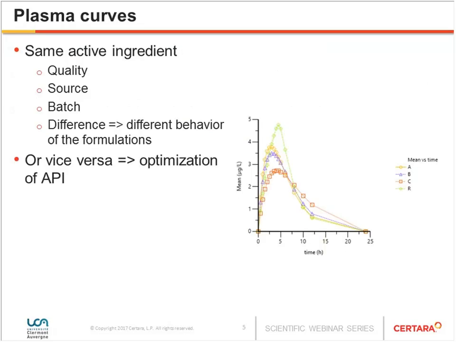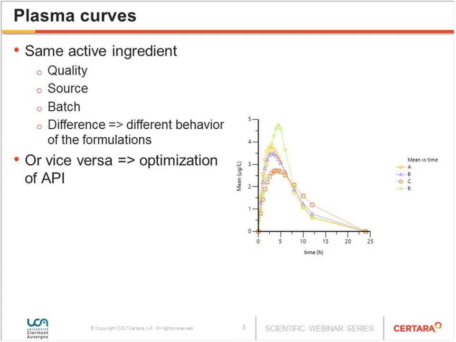So, when we have a plasma concentration curve, and we keep constant the active ingredient's quality and source batch, the differences that we can see in the plasma concentration curves are going to be linked with the formulations. Or vice versa, if you keep the formulation constant and you modify the API, in this case what you will observe in vivo is going to be linked with the quality of the API.